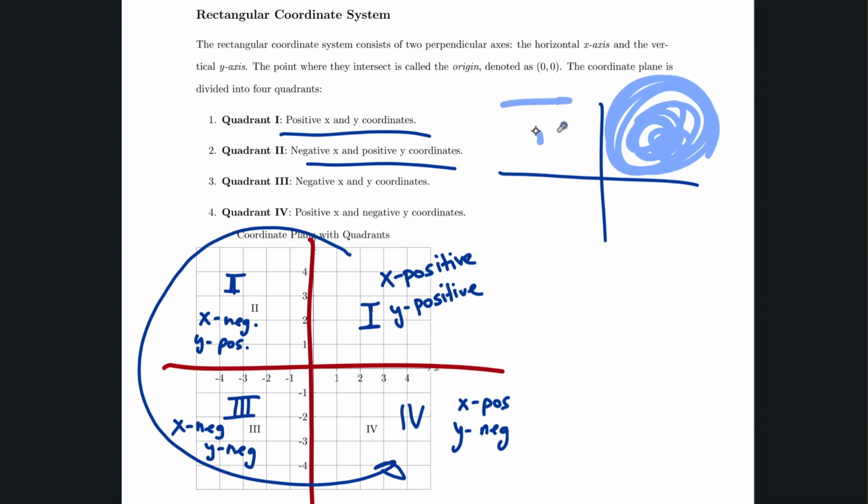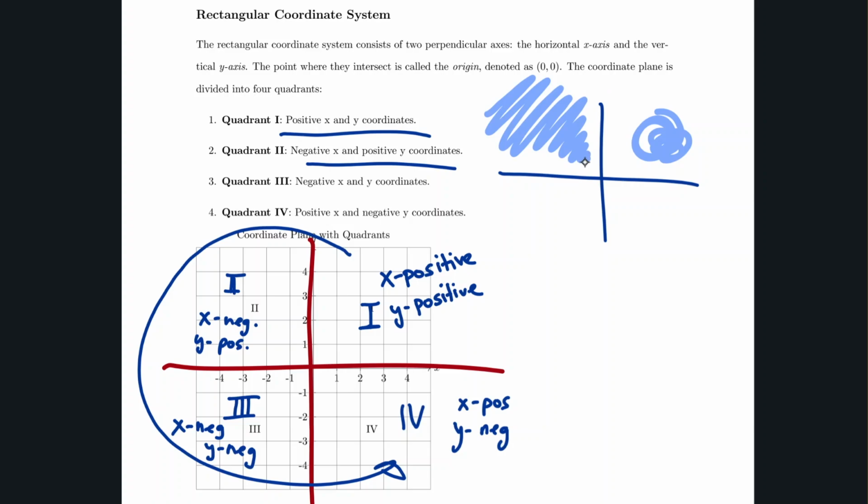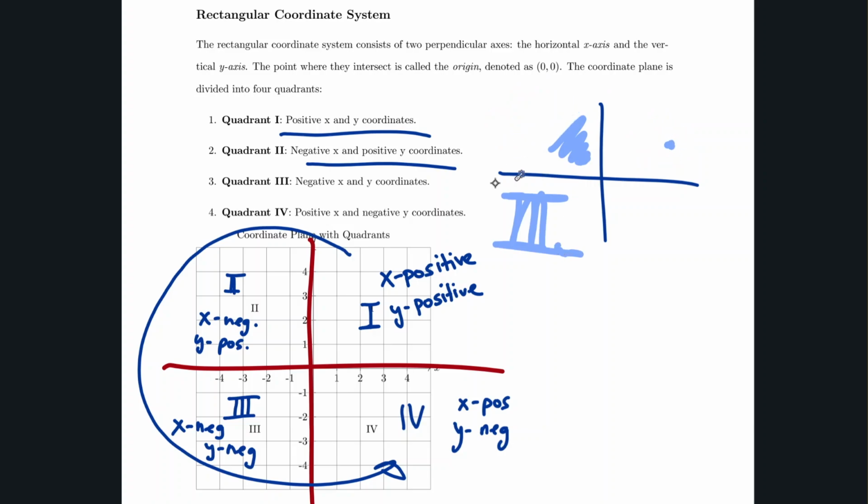Now quadrant 2 has negative x values and positive y values, so everything that lives in this section has negative x values but positive y values. Quadrant 3 has both negative x and negative y, so everything in this section has negative x values, negative y values. And finally, quadrant 4 has positive x values but negative y values.